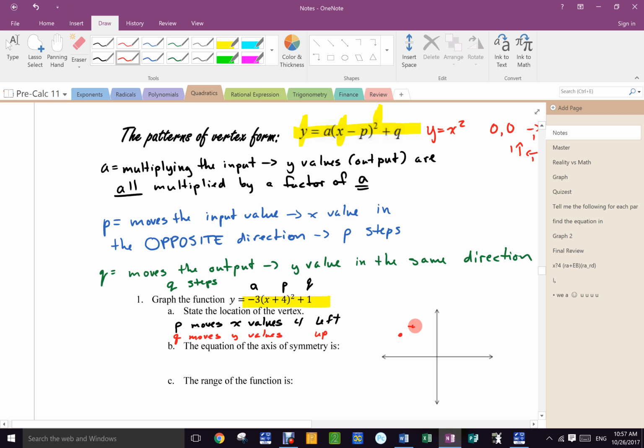So there is my vertex. Negative 4, 1. Everybody cool with that? If that is my vertex, then my axis of symmetry must go right through it, yes? And the parabola is going to look the same on both sides, correct? That's a vertical line. It goes through x equals what? Negative 4. Because it's the x value. Everybody good?